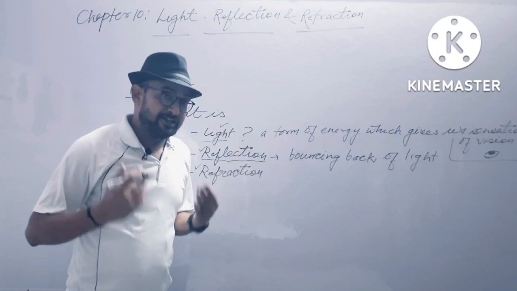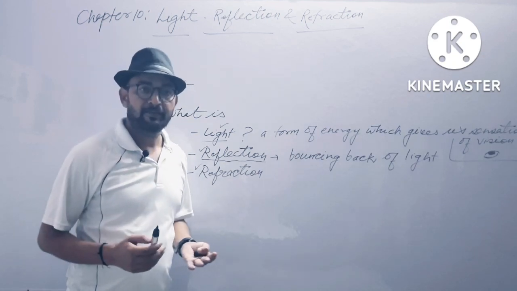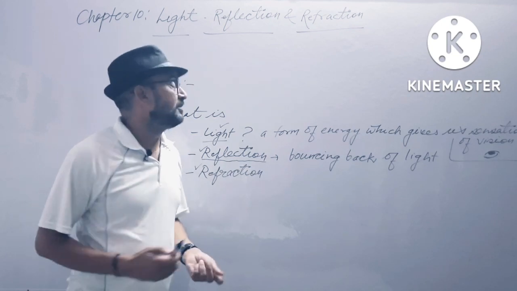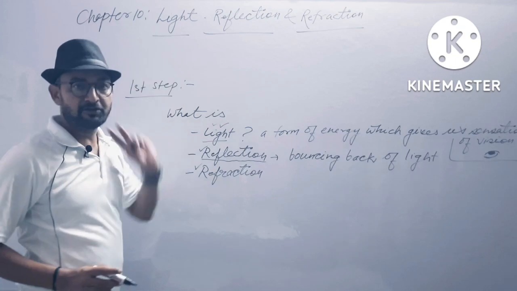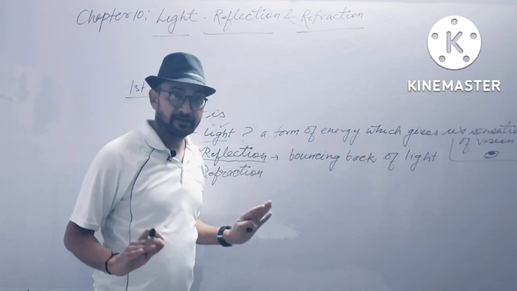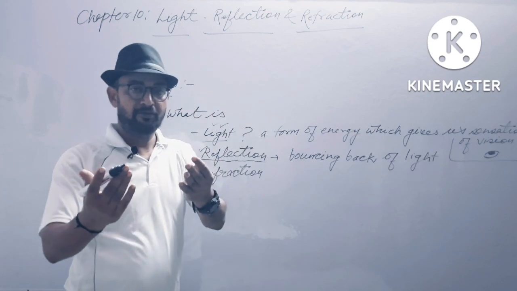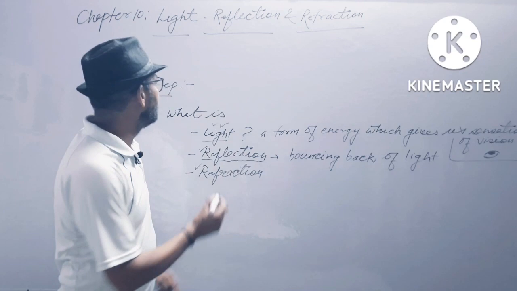Now to be able to see anything, there must be light. Suppose this light is not there, then I won't be able to see anything, and not only you, nobody will be able to see if there is no light.